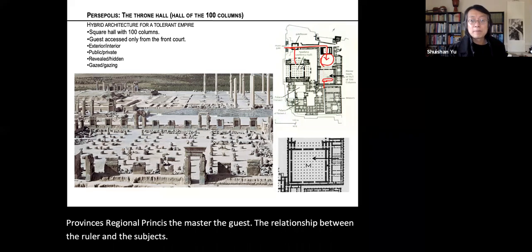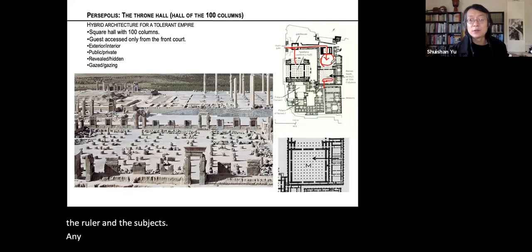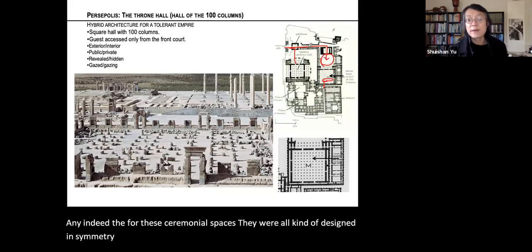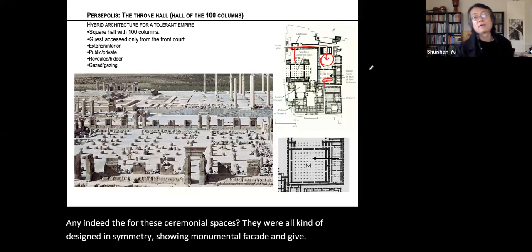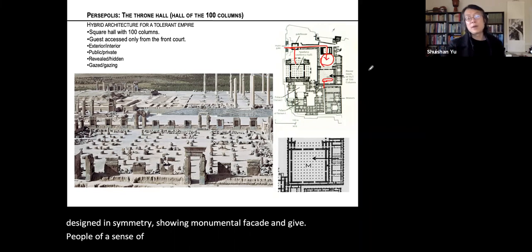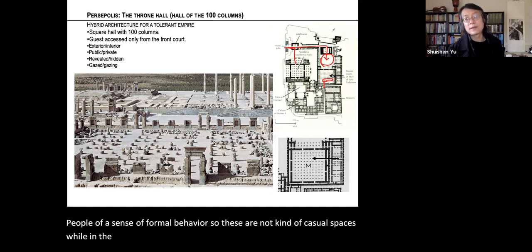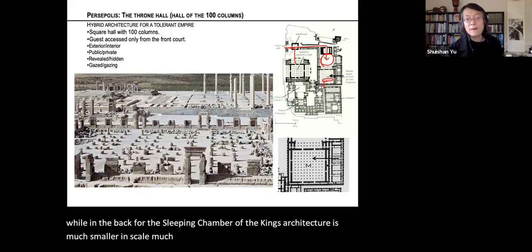And indeed, for these ceremonial spaces, they were all designed in symmetry, showing monumental facades, and giving people a sense of formal behavior. So these are not casual spaces. While in the back, for the sleeping chamber of the kings, the architecture is much smaller in scale, much more comfortable.